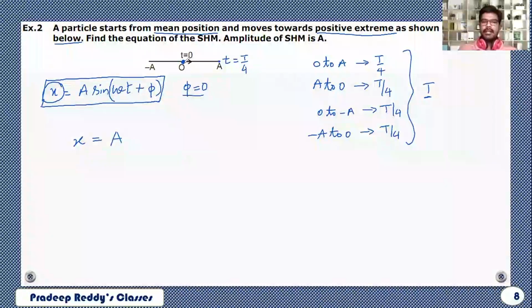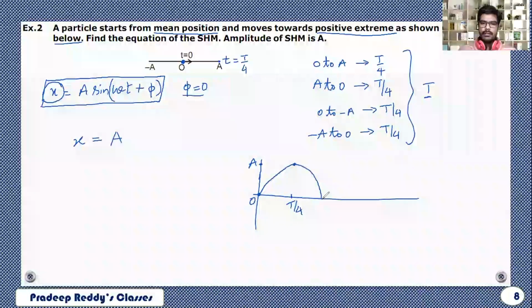Now the particle starts from mean position and it is traveling towards the positive x-axis and it represents a sinusoidal function. If you plot the graph for this, at time t is equal to 0, the particle is here and it is going to the extreme position in time capital T by 4. From here it is coming again to mean position and then it is going in the opposite direction and then it is coming back to mean position.